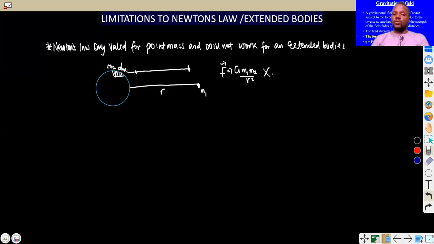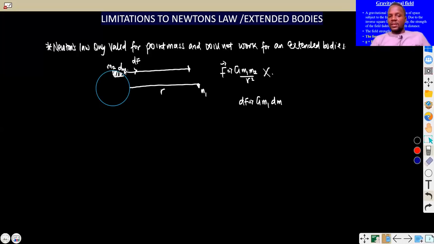So the force acting here, we can call it F, and we can now write that the force acting on this elemental part is now equal to G. You can see what I'm saying. The one on this mass, we have m1 multiplied by dm.